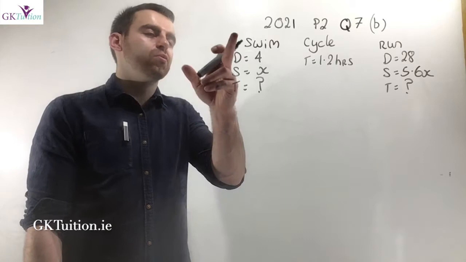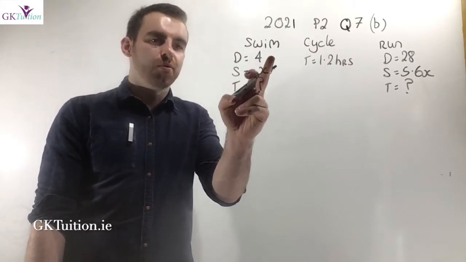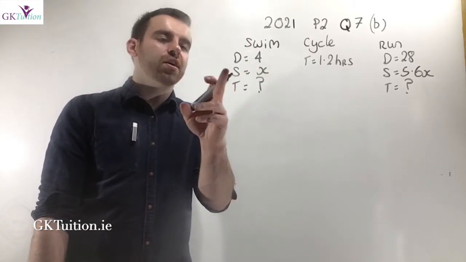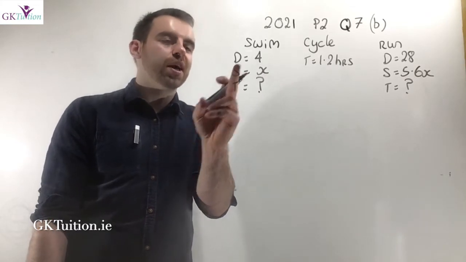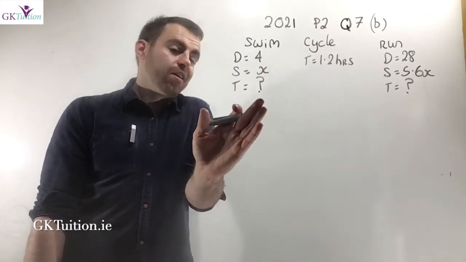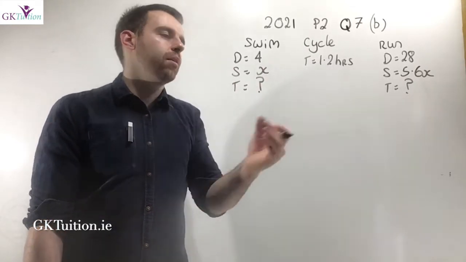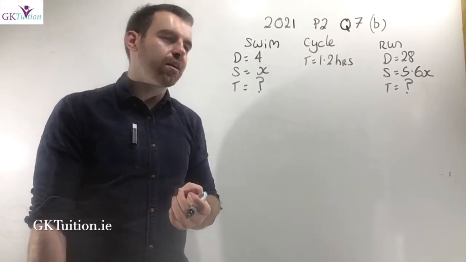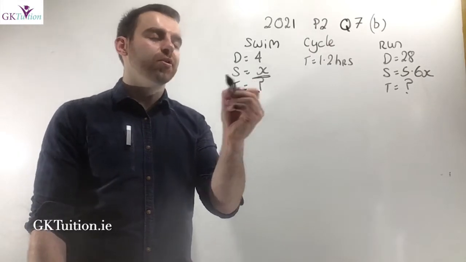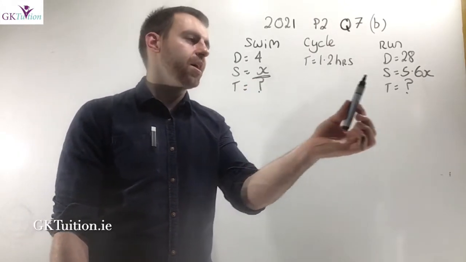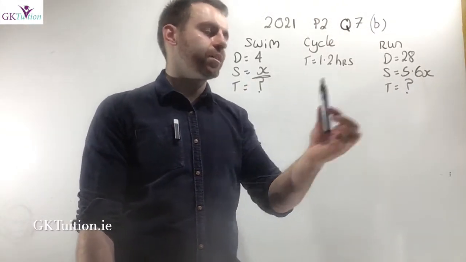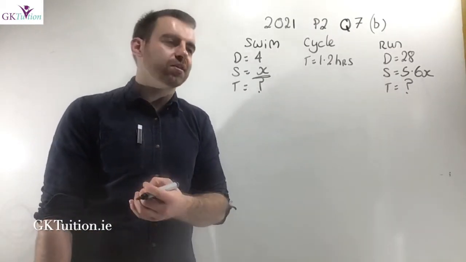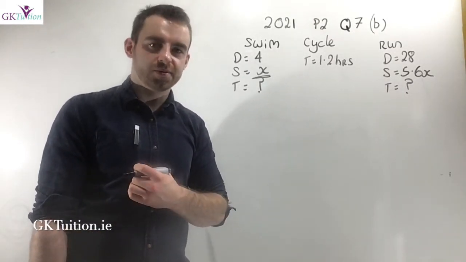What we know about the swimming is that the distance is 4 kilometers. And I decided to label the speed she swims at as x. And I don't know what the time is for the moment. And then the information we know about the running is that the distance is 28 kilometers. And since I referred to her swimming speed as x, the running speed is 5.6x. Or in other words, 5.6 times faster than she swims.